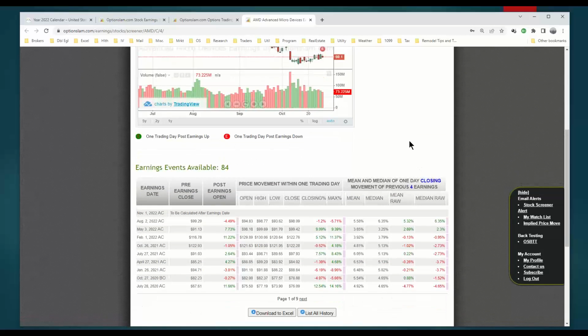Now, if we were going to be applying a strategy such as taking advantage of the earnings implied volatility crush that happens at earnings, we would be looking to put this trade on today before the close because they're going to report after the close today.